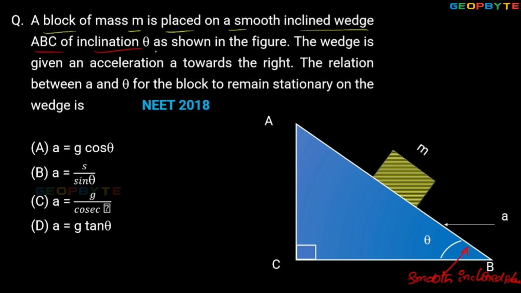The angle of inclination is theta, as shown in the figure. The angle between the base and the plane is theta degrees. This is the base. Now, the wedge is given an acceleration towards the right.